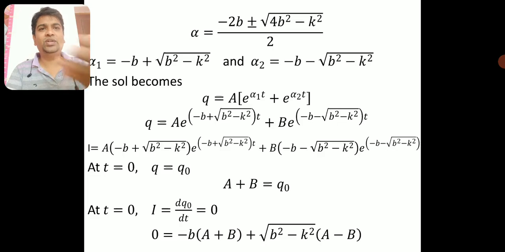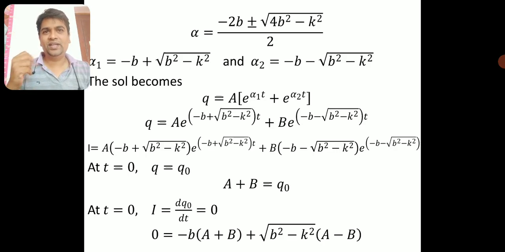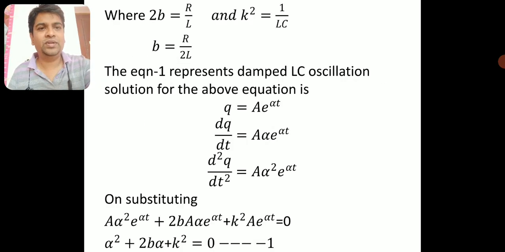Now I got equation 2, and it's a quadratic equation whose solution is minus b plus or minus root of b square minus 4ac by 2a. This is a standard solution. You all know this in mathematics. I am applying the same thing here, which is minus b. What is b over here? b is 2b.